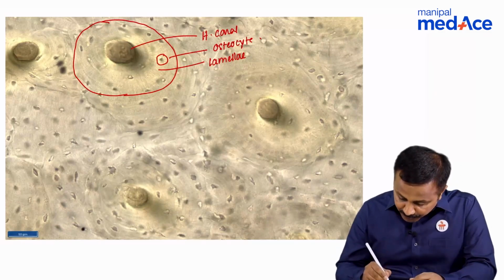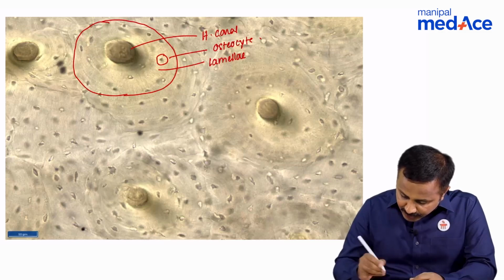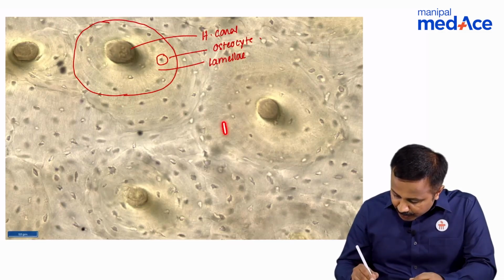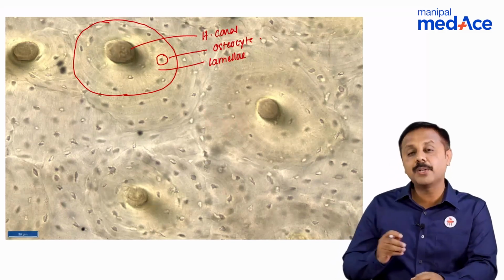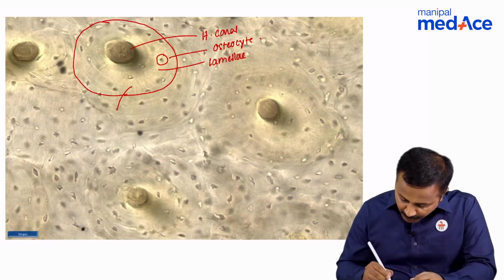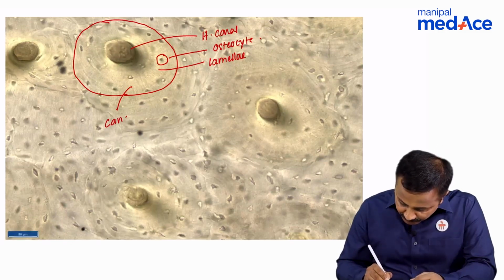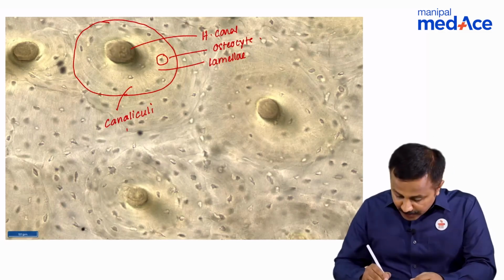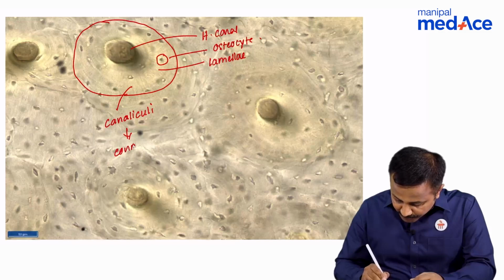If we progress further, we can see these minute extensions extending from different lamellae, right? All these minute extensions, these are what we refer to as canaliculi. And these canaliculi, what do they do?